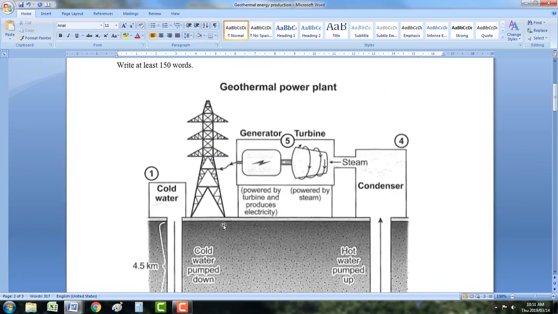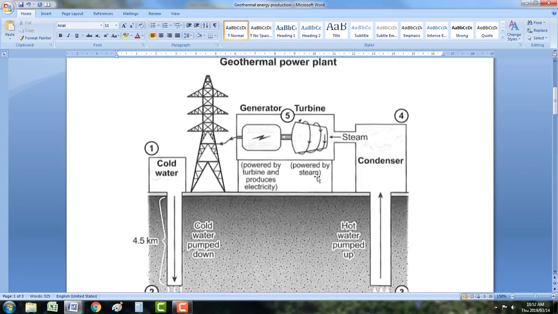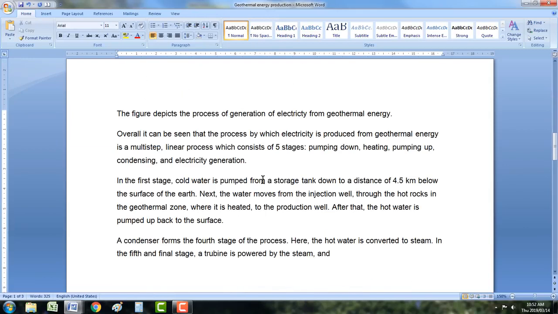In the fifth and final stage, now we're going to have quite a long sentence here, or two sentences. The steam turns a turbine, or you can say a turbine is powered by the steam. I'm going to say comma and, but you could put a full stop there and then say a new sentence. And a generator is powered by the turbine.